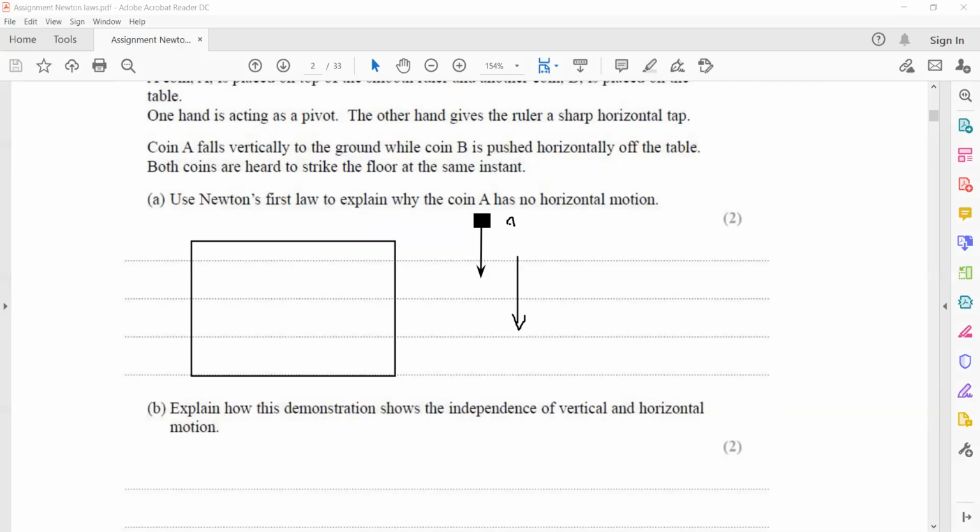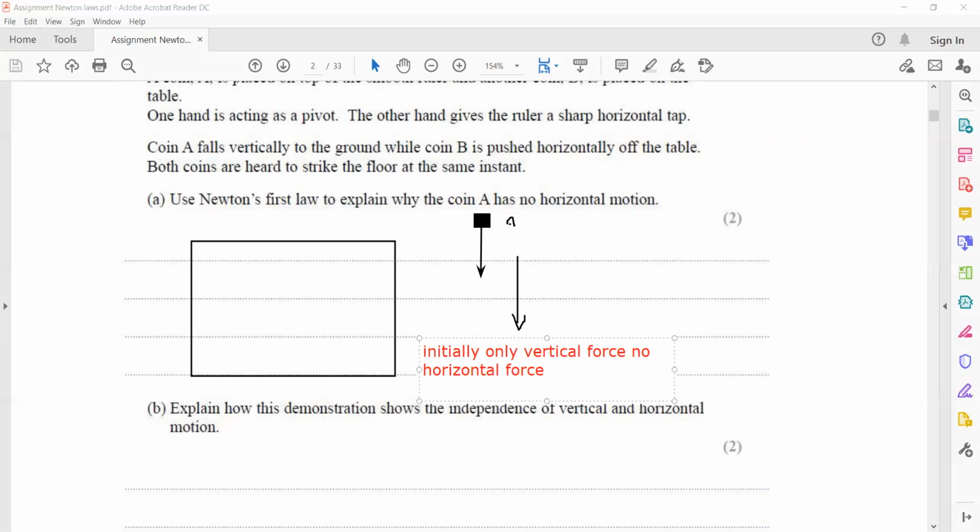So the answer for this: initially the forces were vertical only. No horizontal forces.